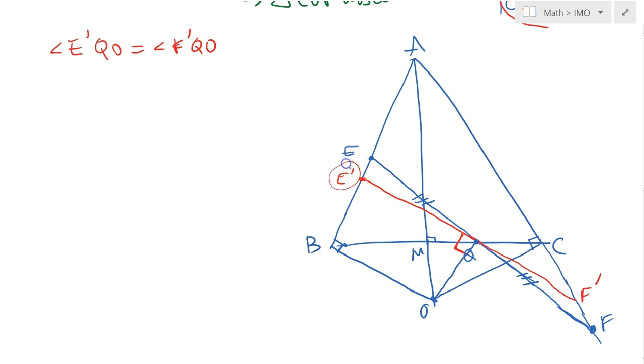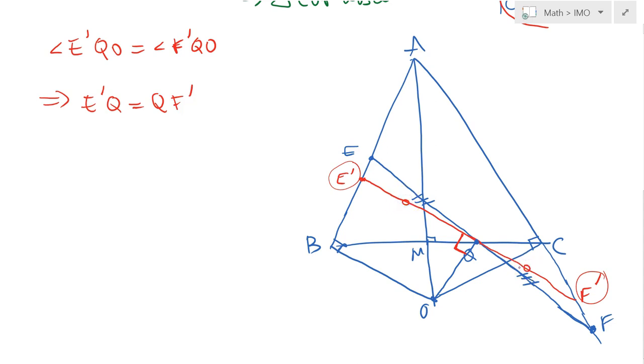You can think of E prime and F prime as phantom points. By the first part of the proof, because OQ is perpendicular to E prime F prime, we have already proved that E prime Q must be equal to QF prime. So this implies that E prime Q is equal to QF prime.